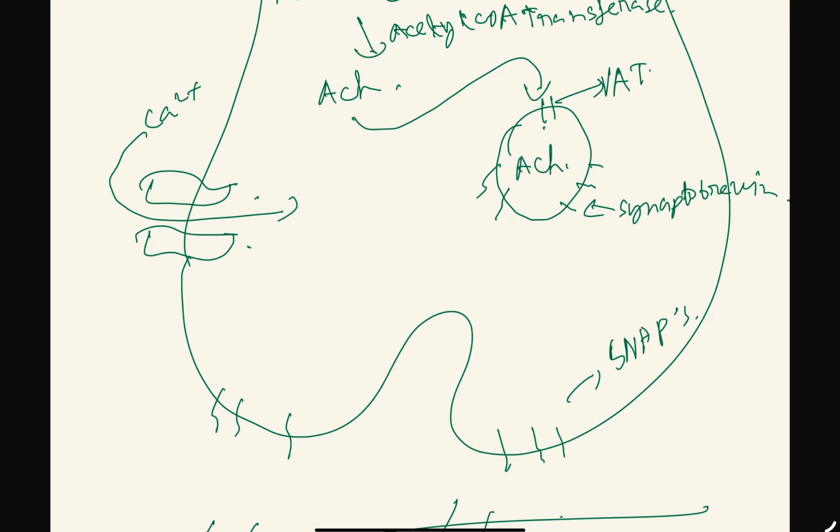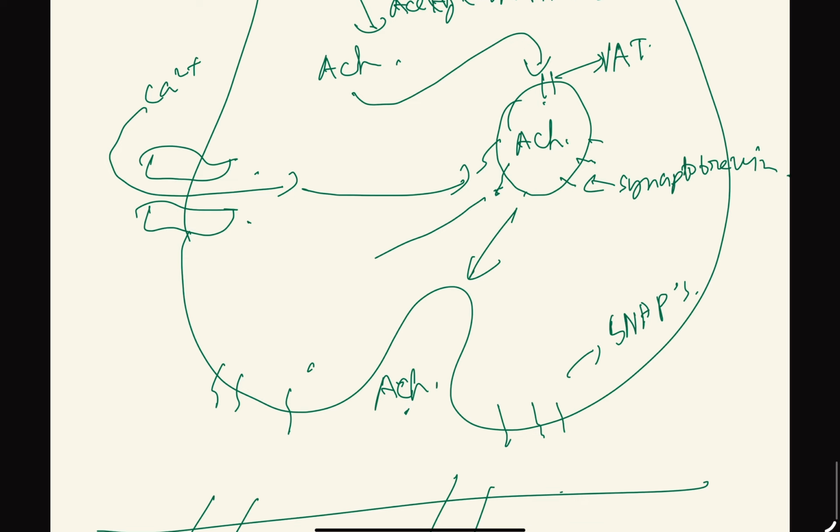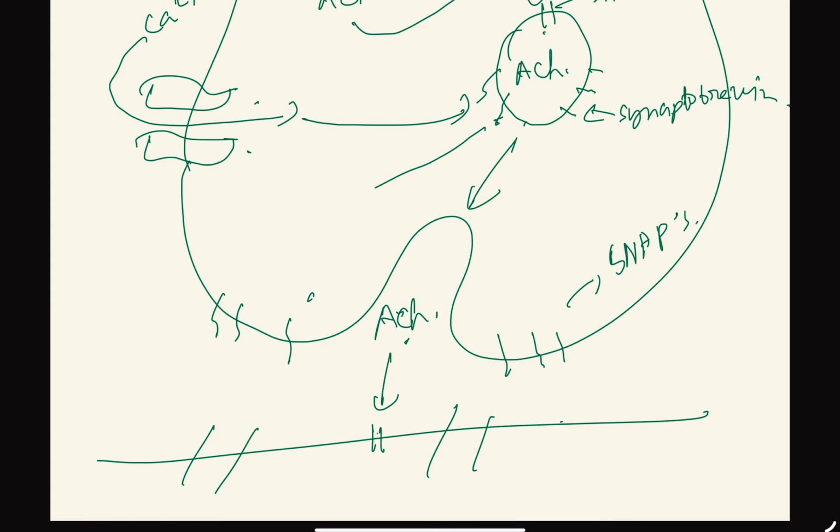When calcium enters into the nerve terminal, it acts with the synaptobrevin and causes fusion of the synaptobrevin with the SNAPs, and the vesicle gets fused to the membrane, and acetylcholine is released. Now acetylcholine can act on the cholinoceptors.